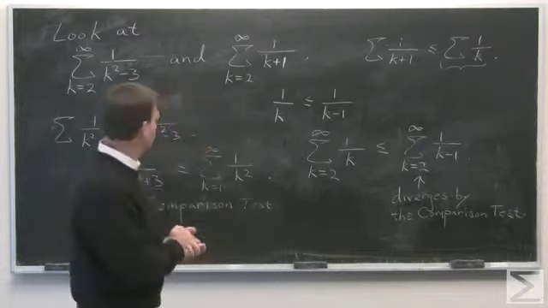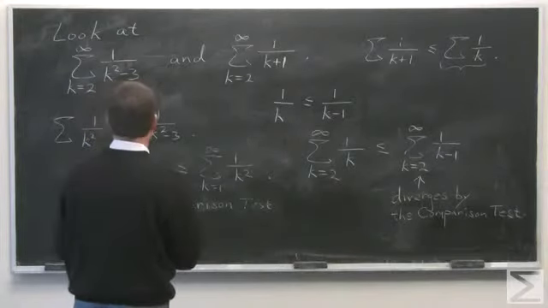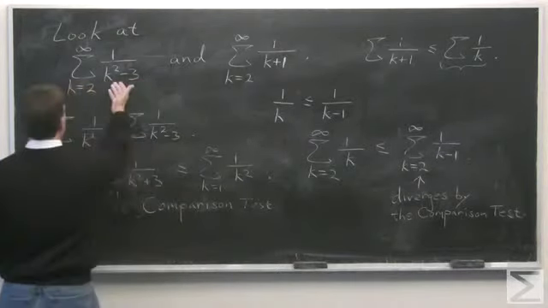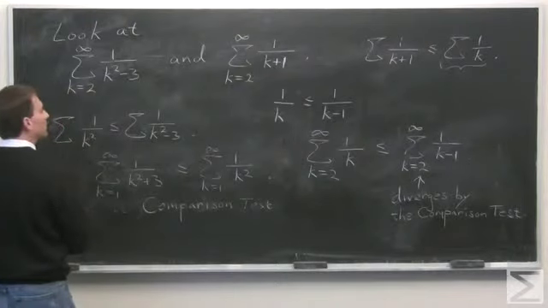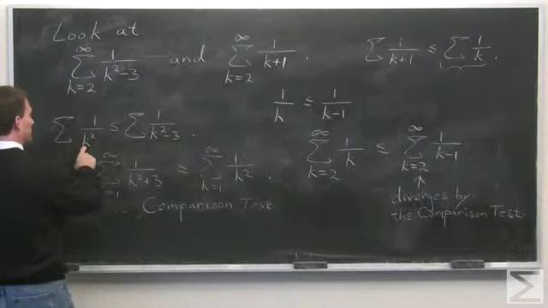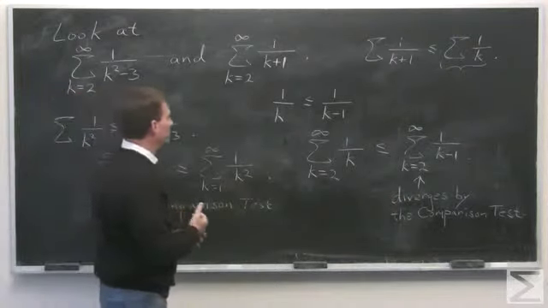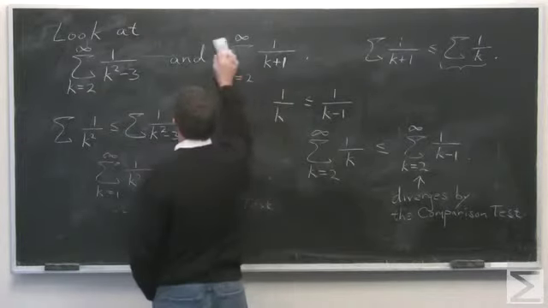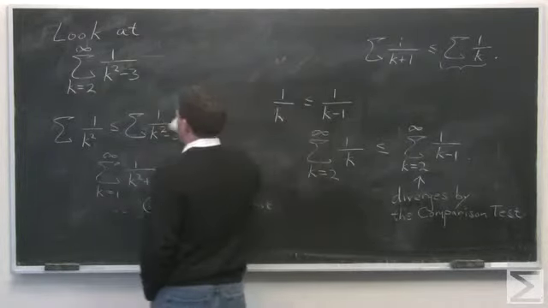We would like to know that this series converges, even though it's greater than or equal, term for term, than this p series where p is 2. So let's look at this.